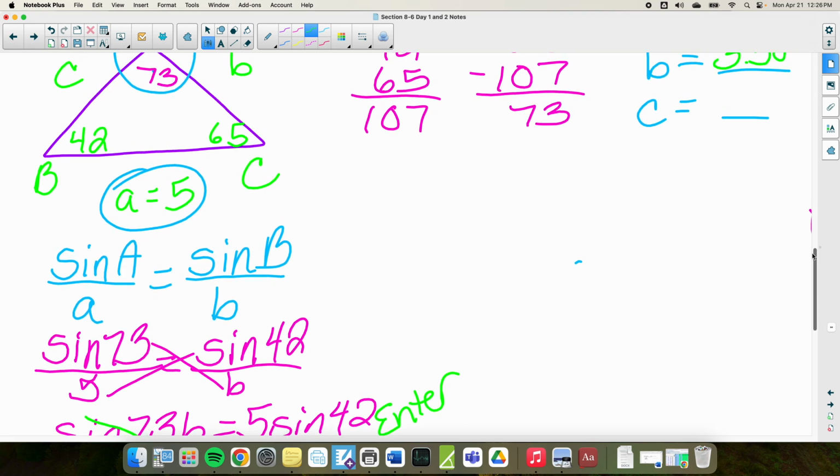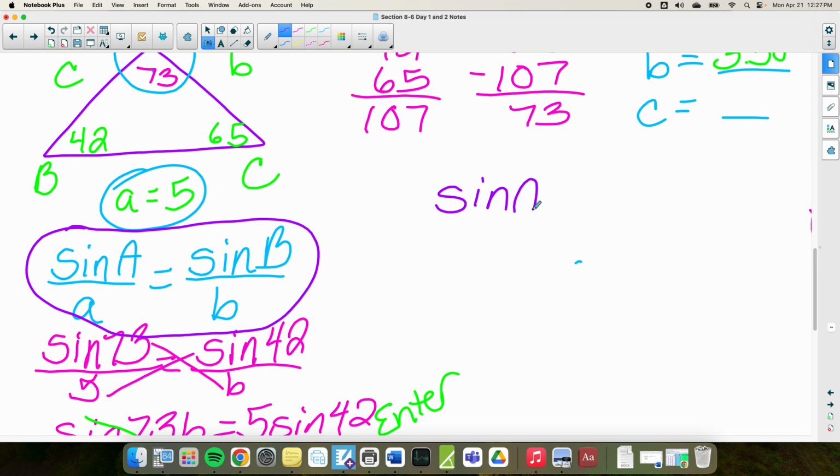And now we're just gonna do the last part, which we're gonna take this, but what I'm gonna change is this time I want little c, so I'm changing this to sine of c over little c. So I'm gonna have sine of A over little a equals sine of c over little c.